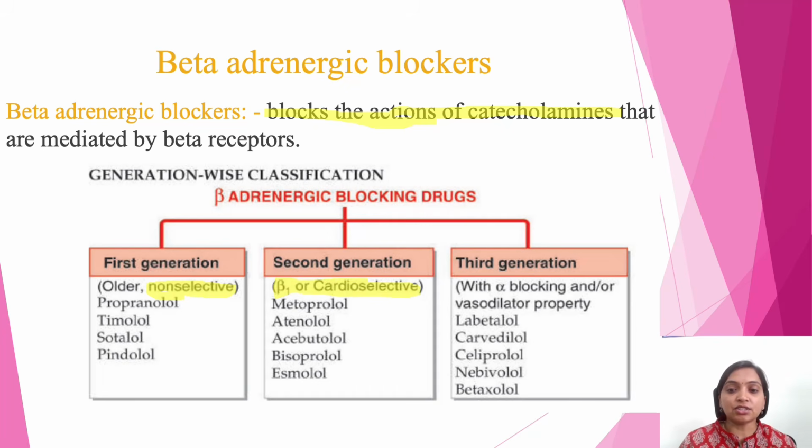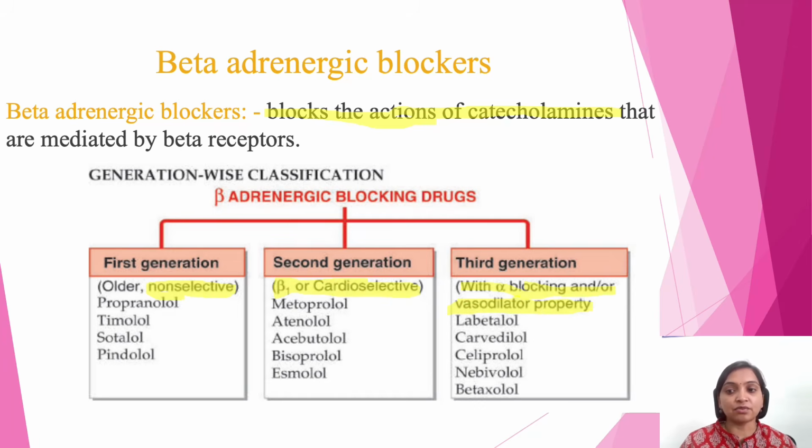And the third generation is with additional alpha blocking property and or vasodilatory property. Every word is important, I am telling you. So with alpha blocking property, labetalol, carvedilol, celiprolol, nebivolol, all these also have vasodilatory property because they release nitric oxide. This is also very important.